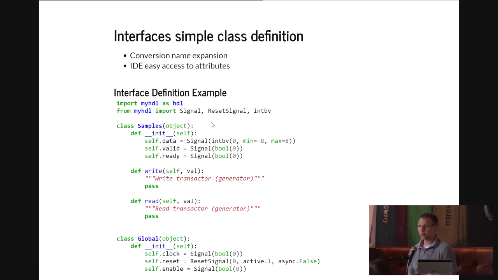The powerful thing that I use quite a bit is that in these interfaces, which are just objects, you can define additional generators and functions to implement transactors for your interface. On a design, I'll have a set of inputs and a set of outputs and then something in the middle that does something with the data streams that might be coming in.